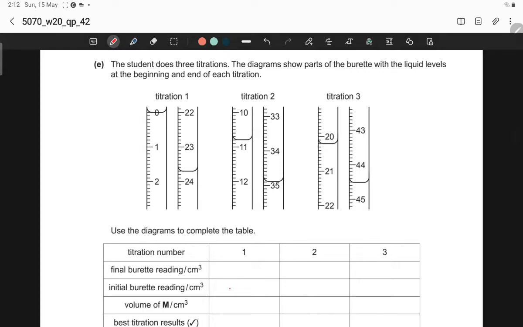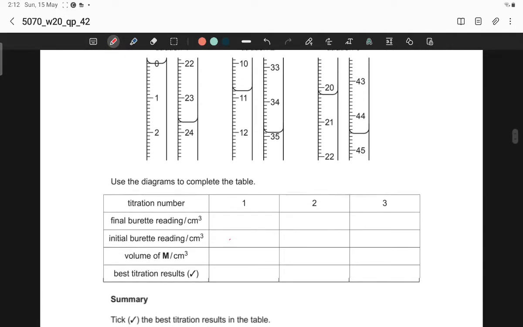Now the student does 3 titrations. The diagram shows parts of the burette with the liquid levels at the beginning and at the end of each experiment.